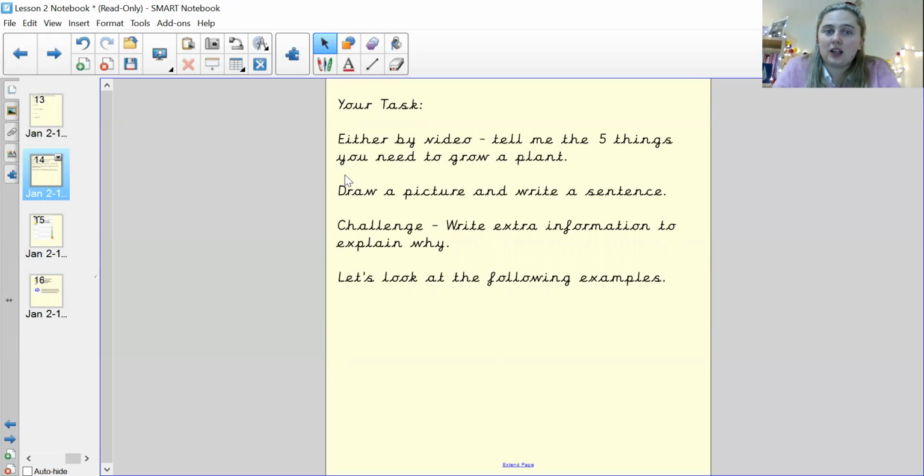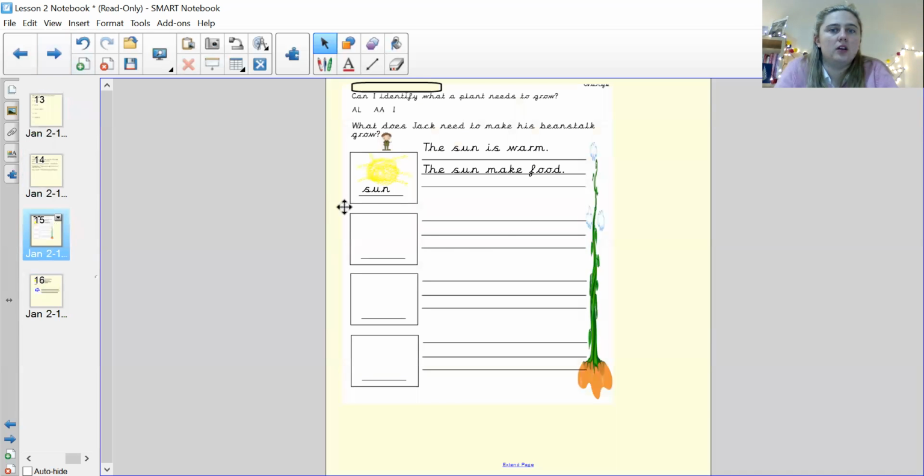I would also like you to draw a picture of a plant and write a sentence. Then if you would like the challenge, could you write some extra information to explain why plants need those 5 things to grow?